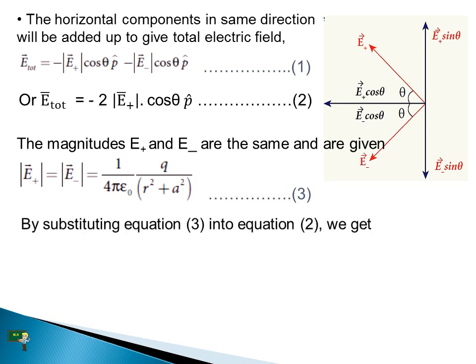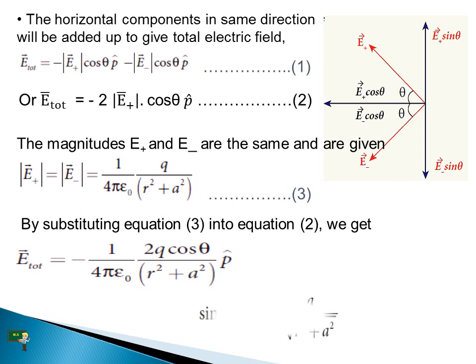So by substituting equation 3 into equation 2, instead of E plus vector we substitute equation 3 here. Then we get E total is equal to 1 by 4 pi epsilon 0 into 2q cos theta divided by R square plus A square into P cap.